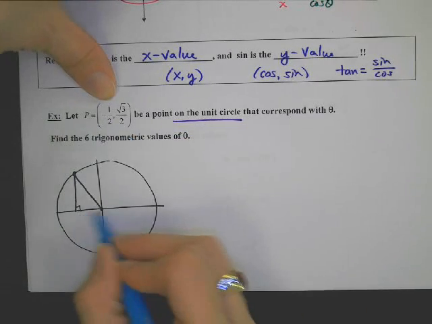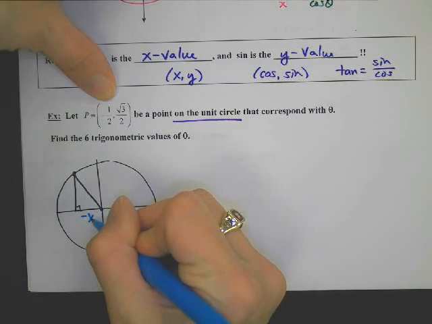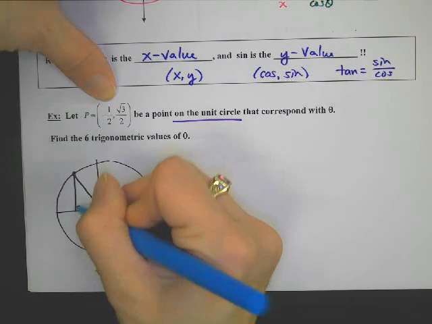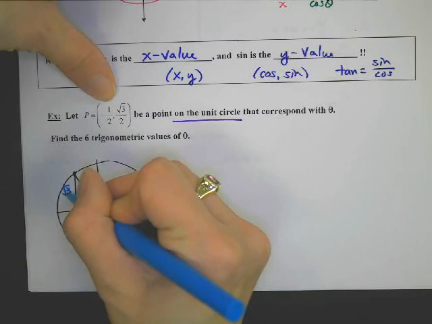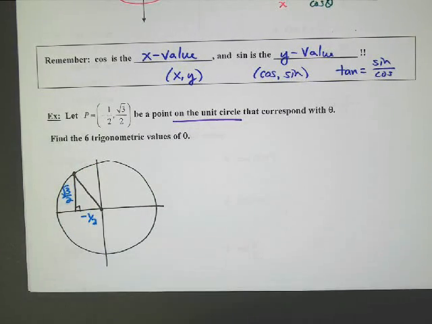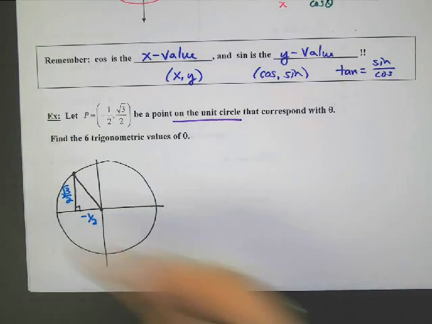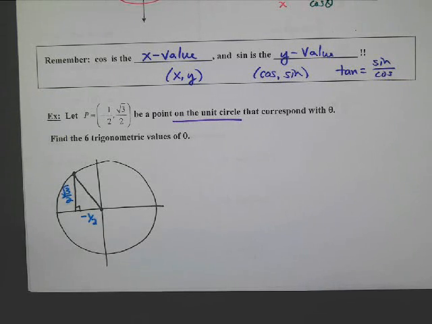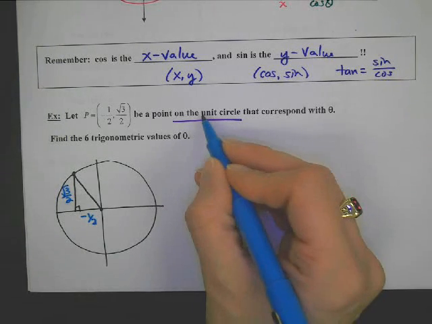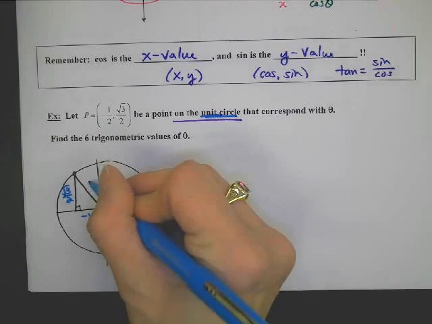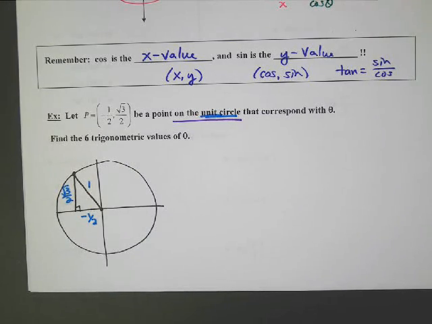So if the x value right here is -1/2, and then the y value is radical 3/2, how long is the hypotenuse? You could calculate the Pythagorean theorem if you'd like, or we could just look here and say, oh, it's a unit circle? That means the hypotenuse is 1.